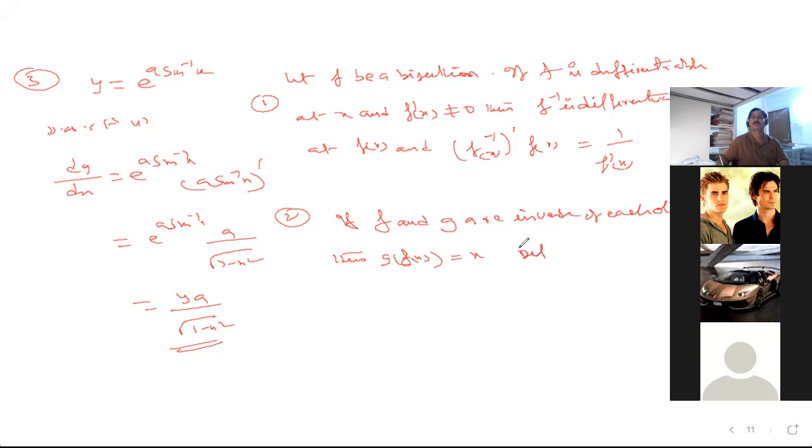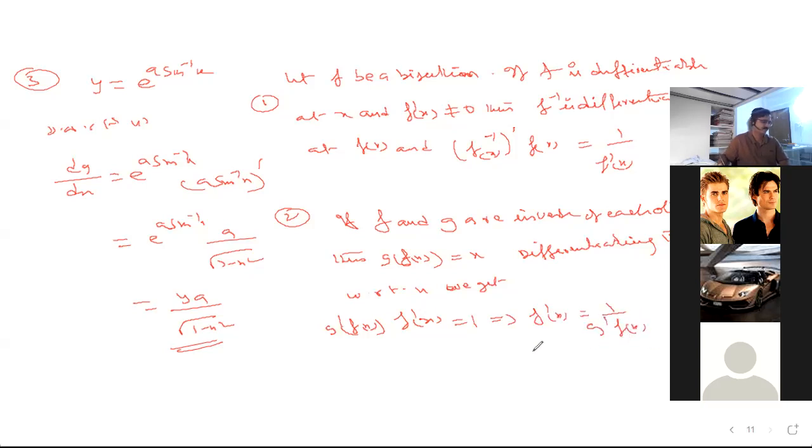Differentiating this with respect to x, we get g dash f of x into f dash x is equal to 1. Implies you can say like this, f dash x is equal to 1 by g dash f of x.